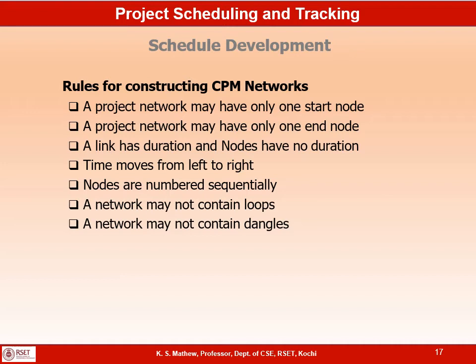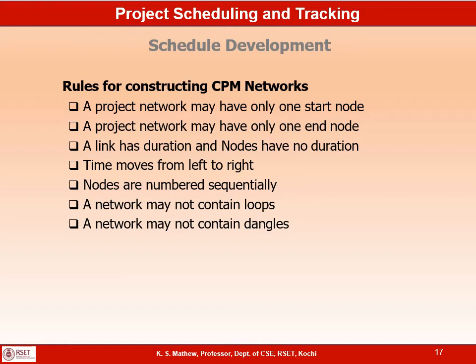Or if you look at the numbers of the nodes at the tail and the head of an arrow, the number at the head will be greater than the number at the tail. If the number at the tail is higher than the number at the head of the arrow, that indicates there is a loop in the network diagram, which is not allowed.